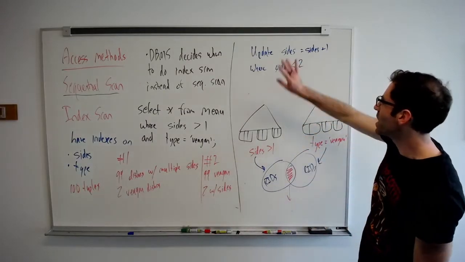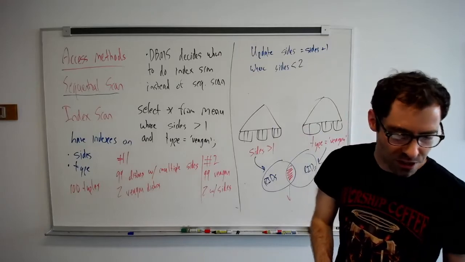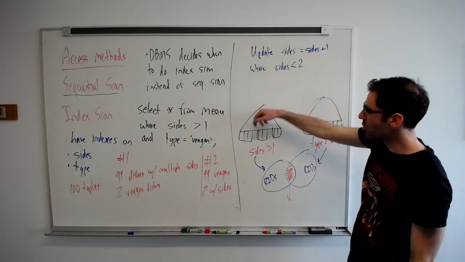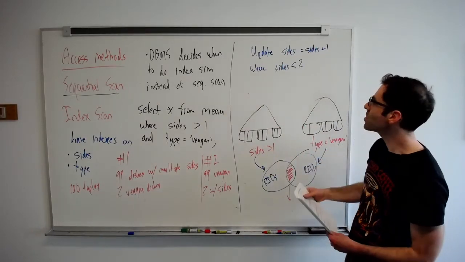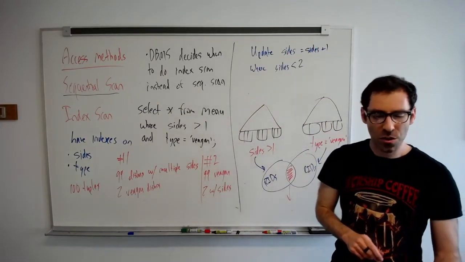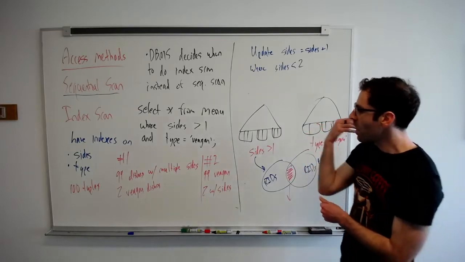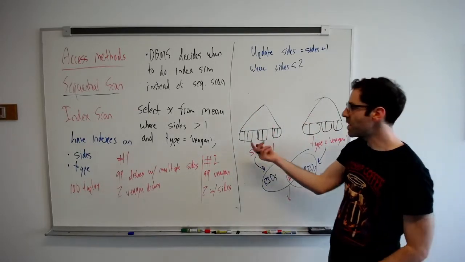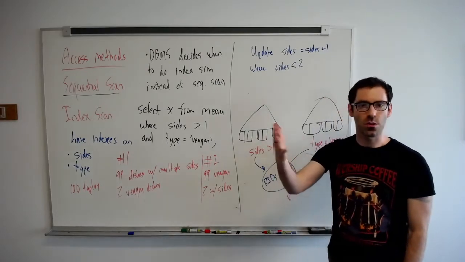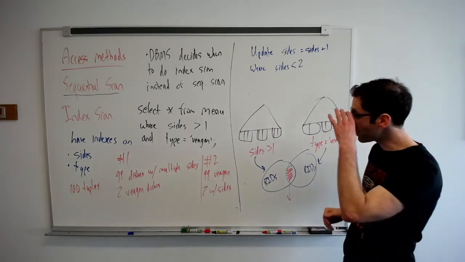I don't think that's perfect SQL, but it gets the point across. We want to go through and update the sides attribute, add one more side where the sides are less than 2. And so imagine that we're scanning through our data, and that data is in an index, or it's clustered, and it's sorted on the number of sides.